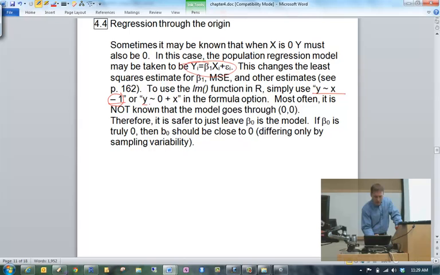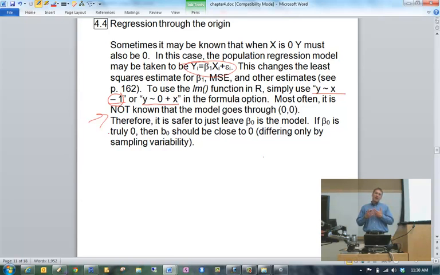Alternatively, you could also do this. Formula equal y tilde 0 plus x. So again, it's just syntax to somehow tell R that, hey, don't estimate this beta 0. Again, though, most often it is not known that the model should go through the origin.